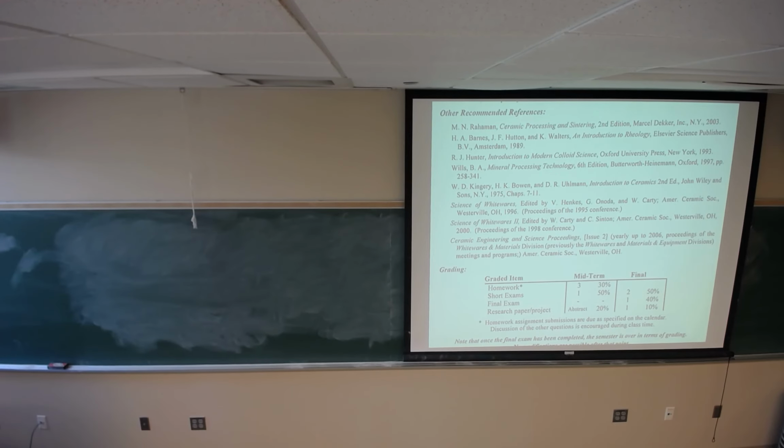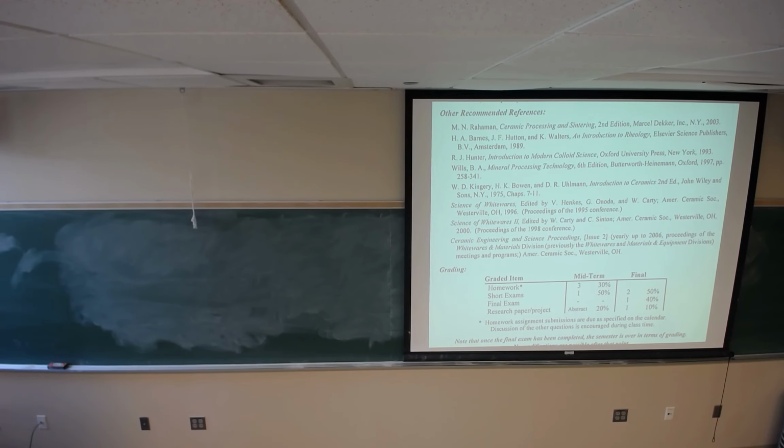Hunter's book, Introduction to Modern Colloid Science. Great, pretty advanced though. Mineral processing technology, there's a lot of those books around. They're good. We talk about mineral processing because it's a precursor for how we get particles in ceramics. Kingery, Introduction to Ceramics. You should have it. If you don't, you should go get it.